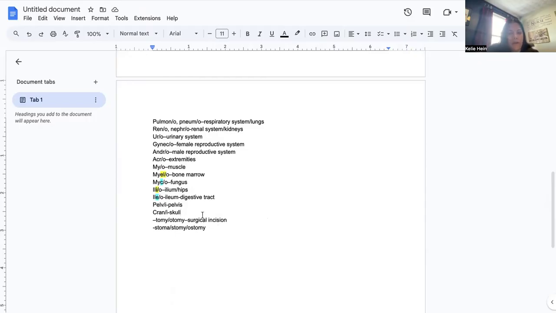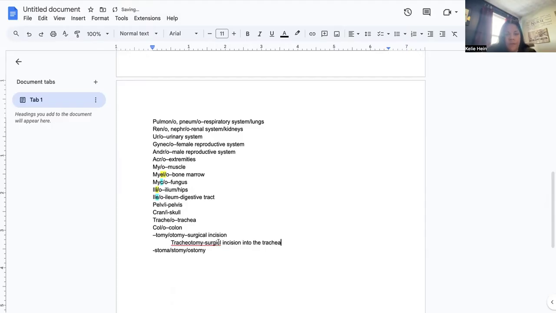Or a tracheotomy. Tracheo is your trachea, colon. Okay. Because I'm going to use those here in a second. If we do a tracheotomy, surgical incision into the trachea.